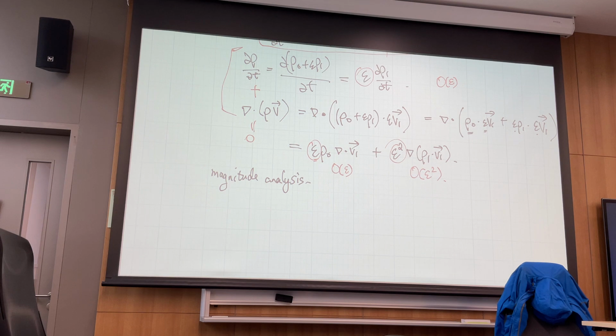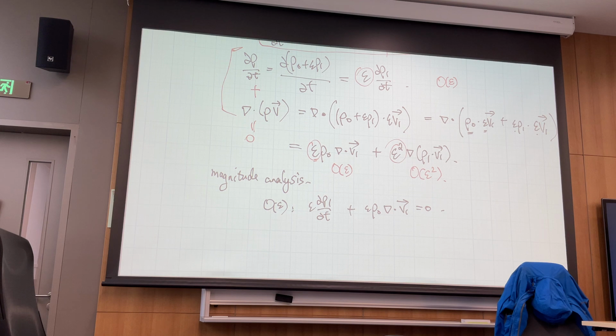So let's first extract all the terms on the magnitude of epsilon. Looking into all the terms with magnitude epsilon, that is epsilon partial rho 1 partial t plus epsilon rho 0 times the divergence of v1, which equals 0.